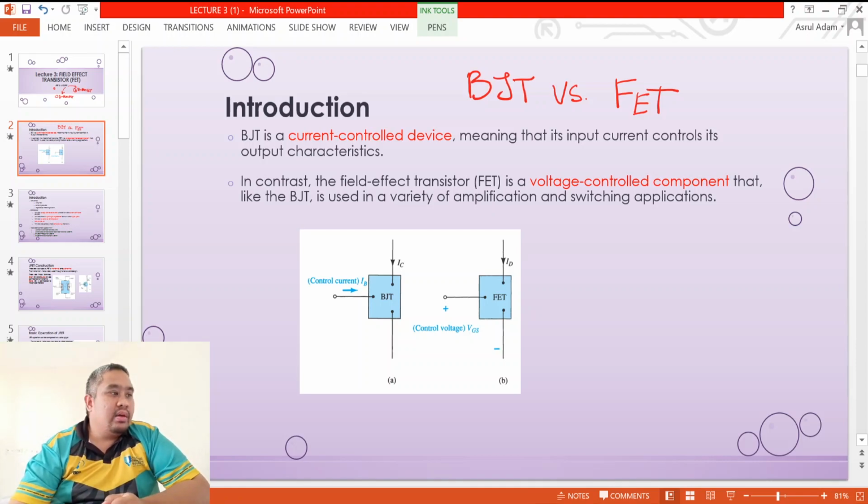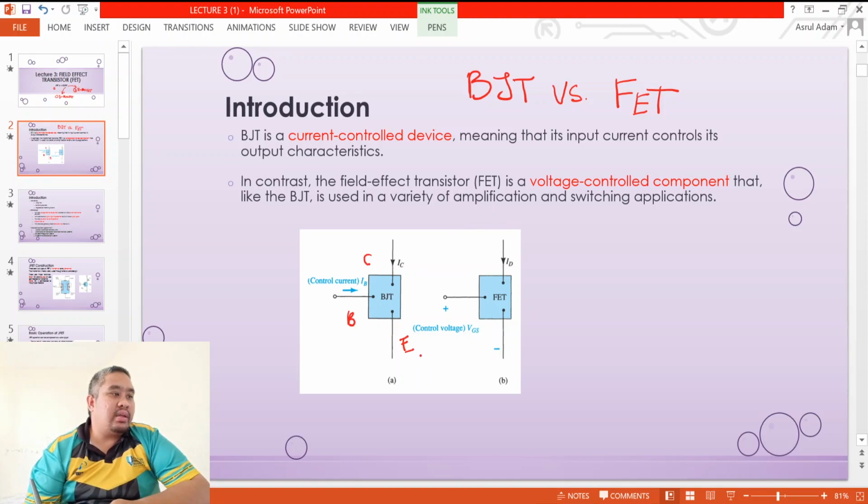As you can see in the slide, the BJT has a collector here, a base here, and an emitter here.